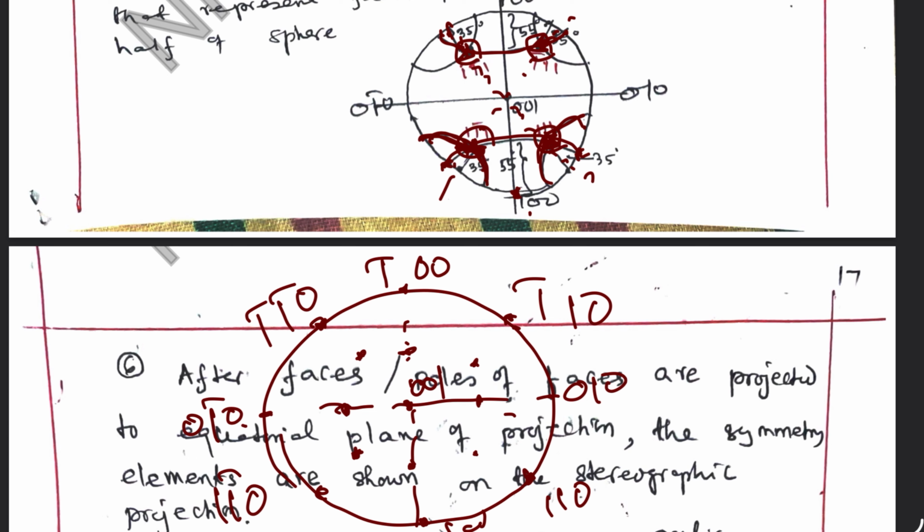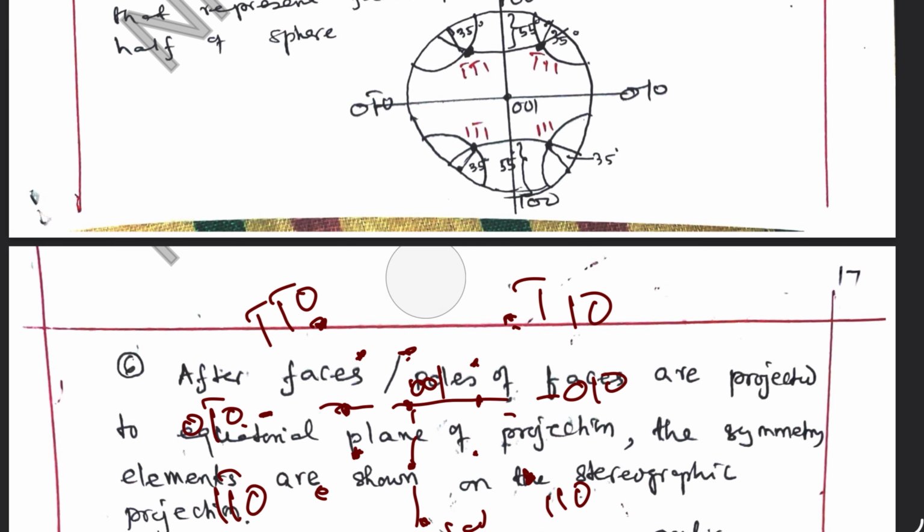The next part is to transfer the symmetry elements, which is an important component of stereographic projection. We have to transfer the symmetry elements of the crystal concerned to the plane of projection. So how the symmetry elements can be transferred, let me discuss.